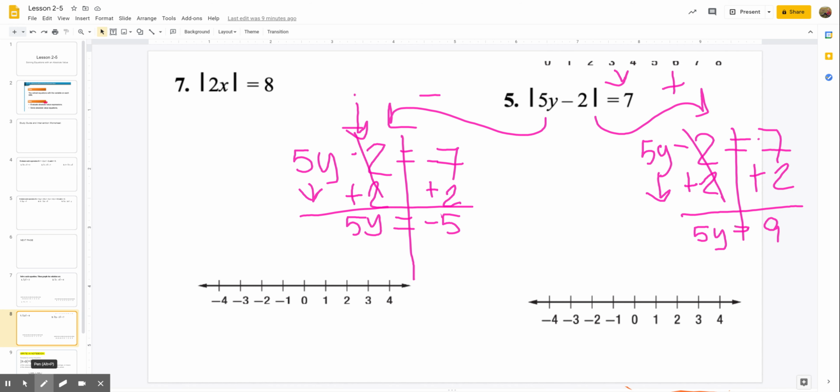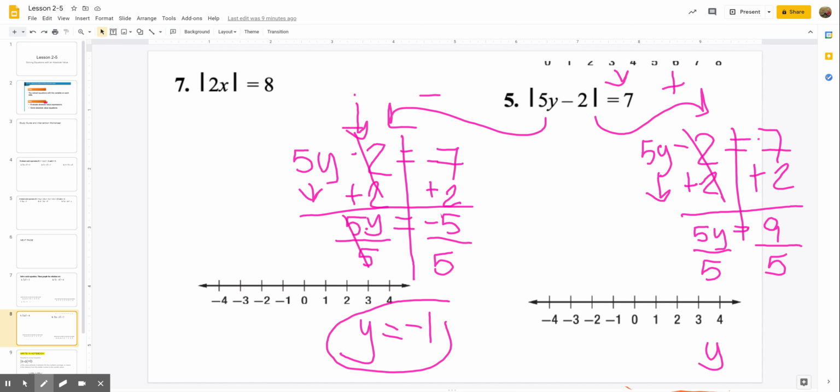5y, what I noticed some of you guys struggled with this in your quiz. Remember, 5y is like 5 times y. We want to do the inverse of that, and that would be division. And again, you do it all across the board. This way you cancel out the 5's, and you have y equals -1.